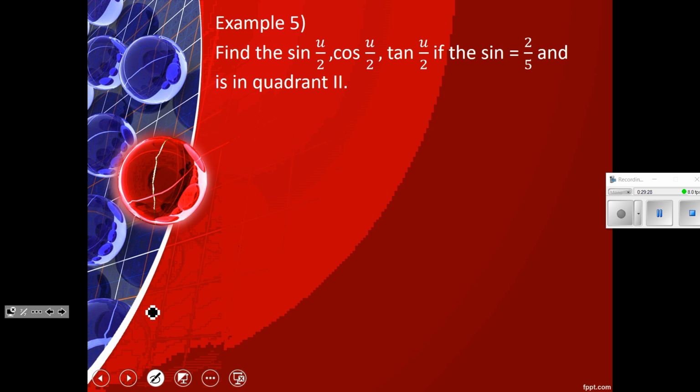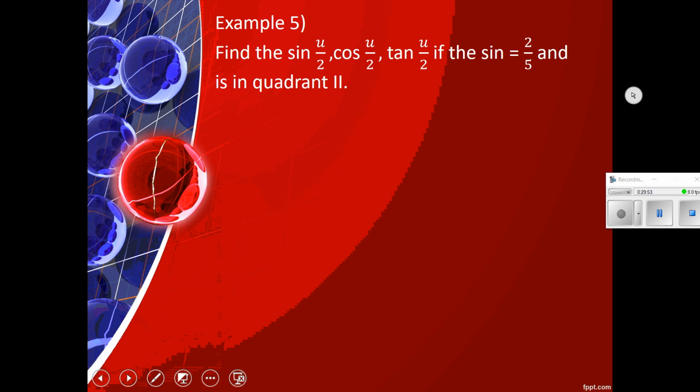In this case, I'm telling you that the sine of u is 2/5. Does that make sense? So I want you to take that and put it into the sine of u over 2 and find the half of that angle. So I'm telling you that u is this.